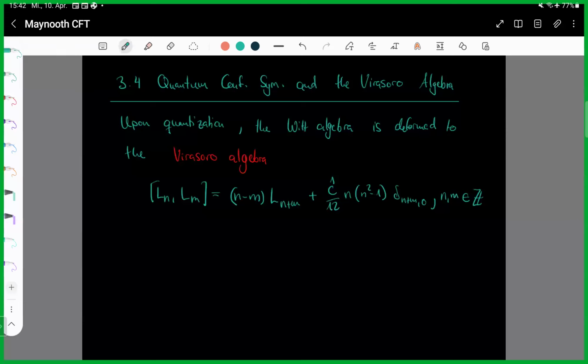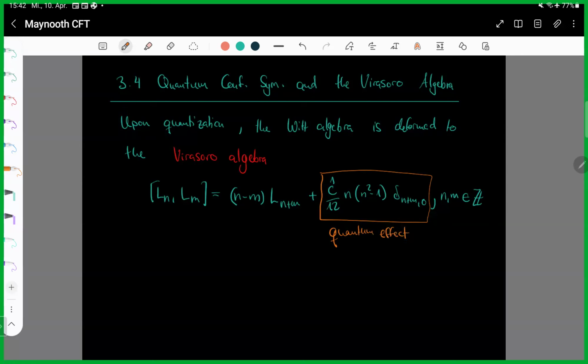I am going to provide two examples, I hope toward the end of the session, where you have the free fermion and the free boson. And with the free fermion and free boson, what we're going to see is that this term here, this deformation, is a quantum effect.